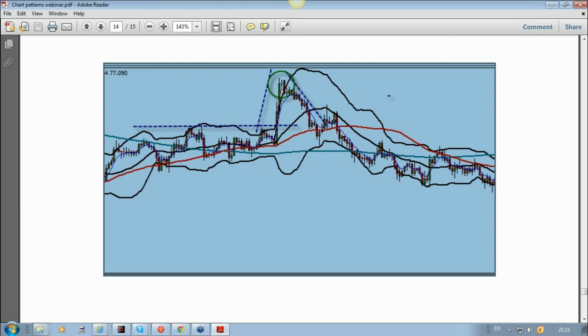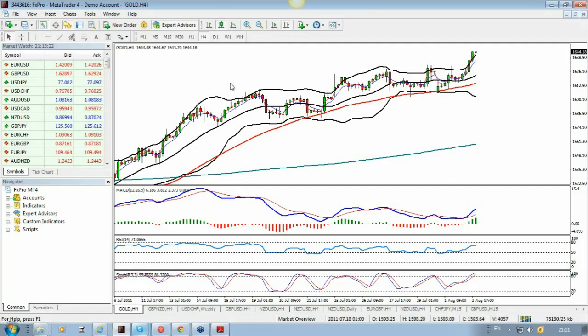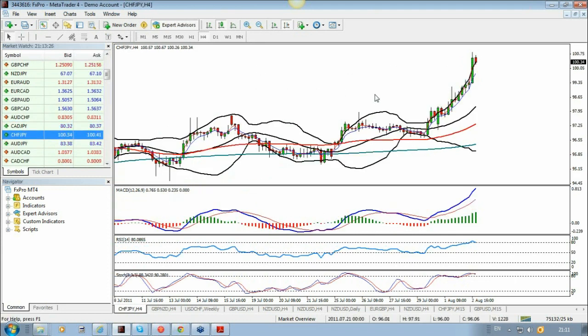About the Swiss yen, yeah, you are correct. Swiss yen is confirming the V. See? The only problem is that it started to confirm the V after a few breaks here.